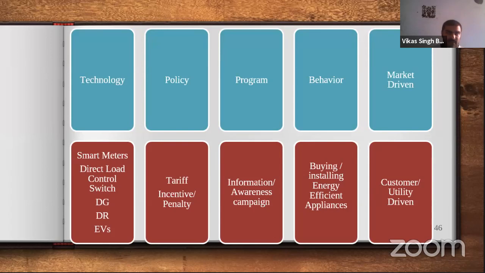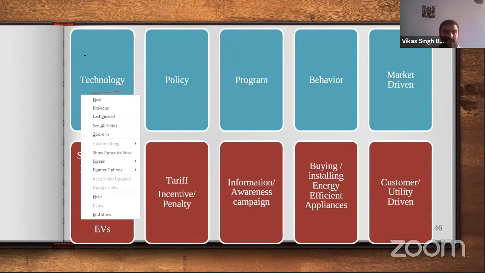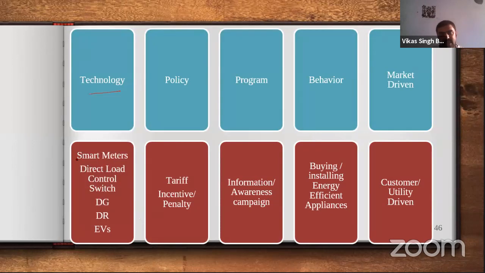Whenever we do component based research in technology, if someone is interested, then he or she can prefer technology based research, such as what the advancements in smart meters are, how those smart meters are communicating, and what the problems with smart meters are. These areas can be taken for research purposes.